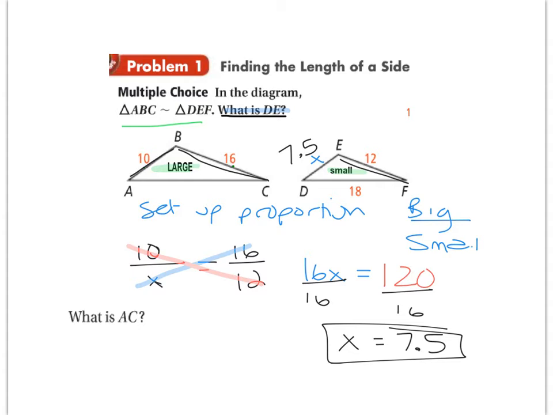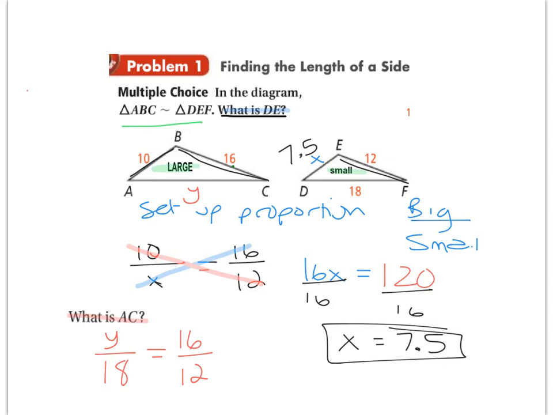So in taking a look there, I'm going to go back to these figures, and this time I'm going to call AC Y. So if I match Y up on the big triangle, that goes with 18 on the small triangle. And then I'm going to use my 16 on the big triangle and 12 on the small triangle. And once again, class, we're just going to cross multiply.